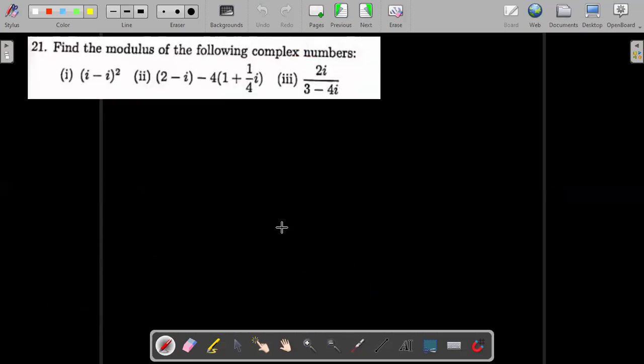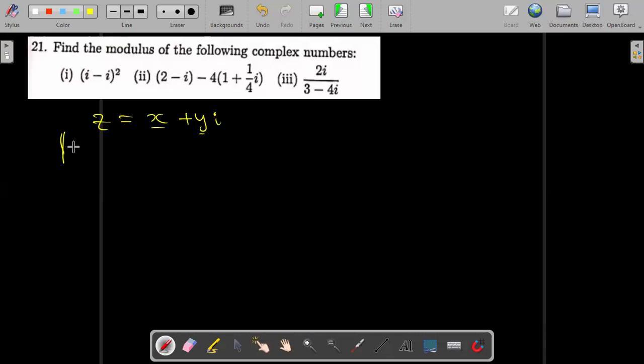Find the modulus of the following complex numbers. So for this one, you must note that if z is a complex number, and z is equal to x plus yi, then these are my real numbers, and of course the one with the i is the imaginary number.